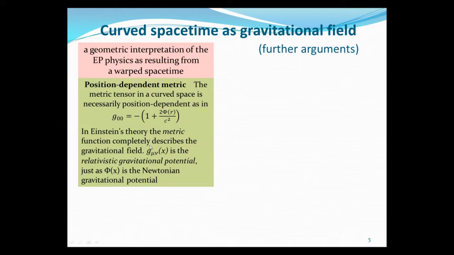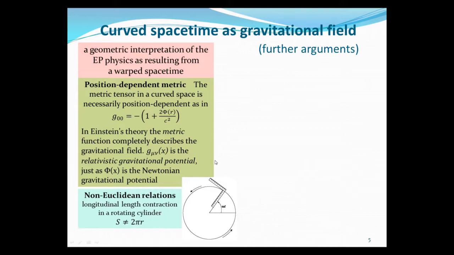And in relativity, the gravitational potential is a symmetric 4x4 matrix, so it has 10 independent components. And also, we say it's modeled by warped space-time, which means that we expect, in the presence of gravity, where space-time is warped, that we have non-Euclidean relations.